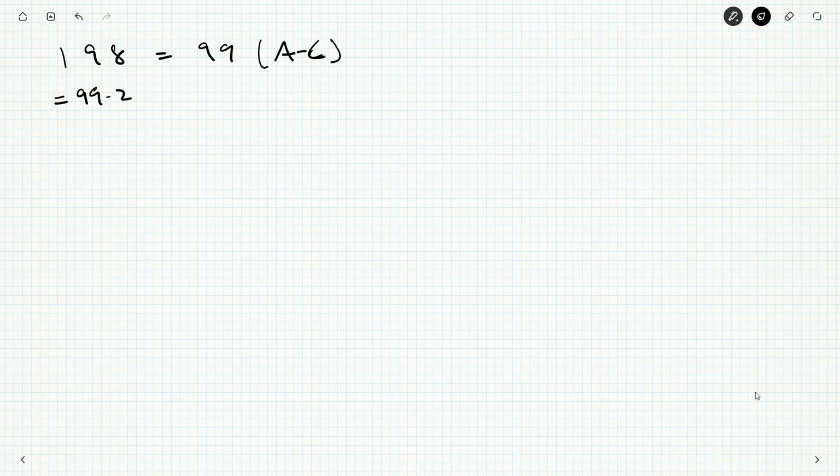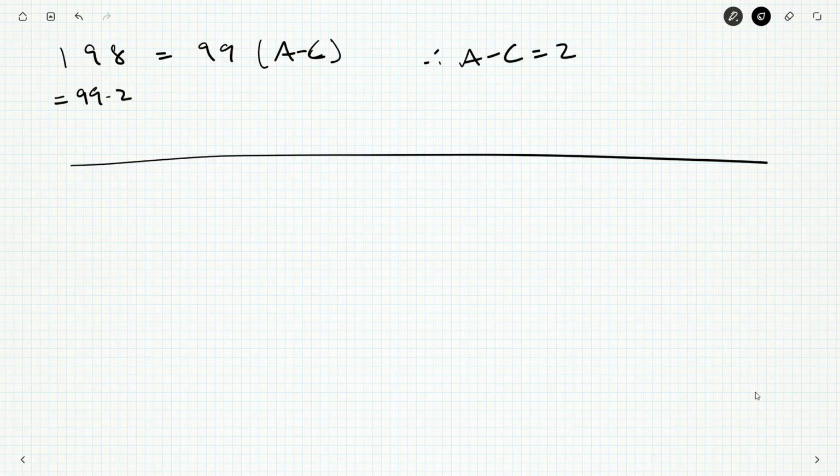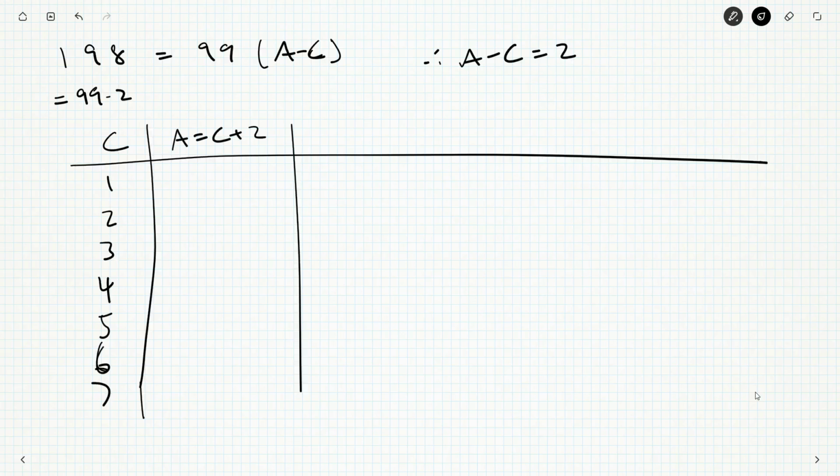So, A minus C must be equal to 2. That's really the only condition. So what I'm going to do is make a little chart of my possible C's, and then my A's, which must be C plus 2, and then allowable B's, because B can't be equal to A or C. Okay?